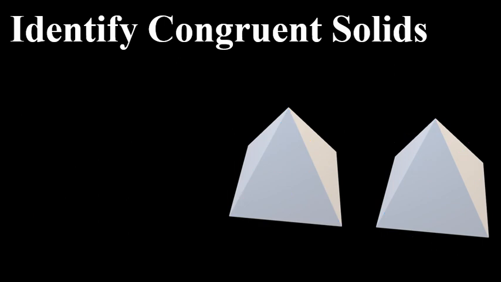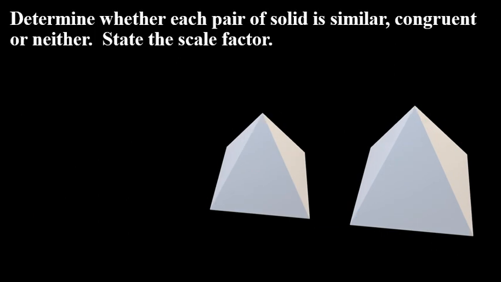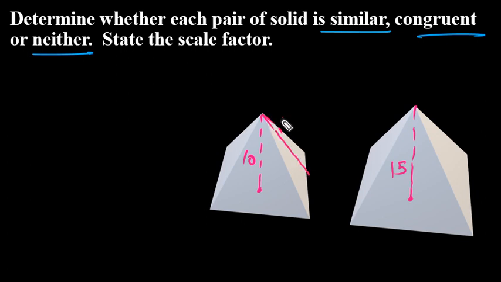Now let's try to understand using some examples. The first question: you need to find whether they are similar, congruent, or neither. Let's say the height for this one is 10 and for this one 15, and the slant height in this case is, let's say, 15, and here 20.